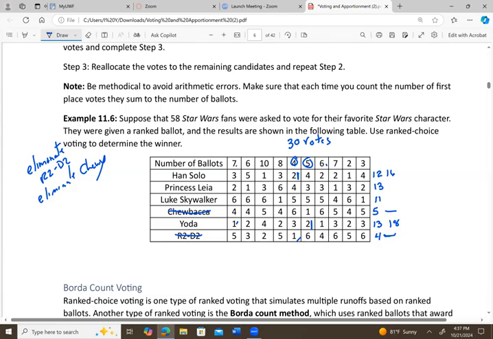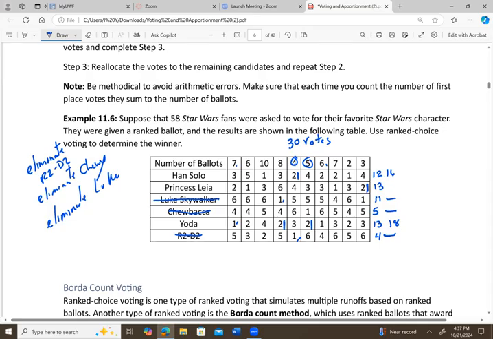So my next lowest person is Luke. So we eliminate Luke. Okay, these first votes go to Yoda, and these first votes go to Princess Leia.